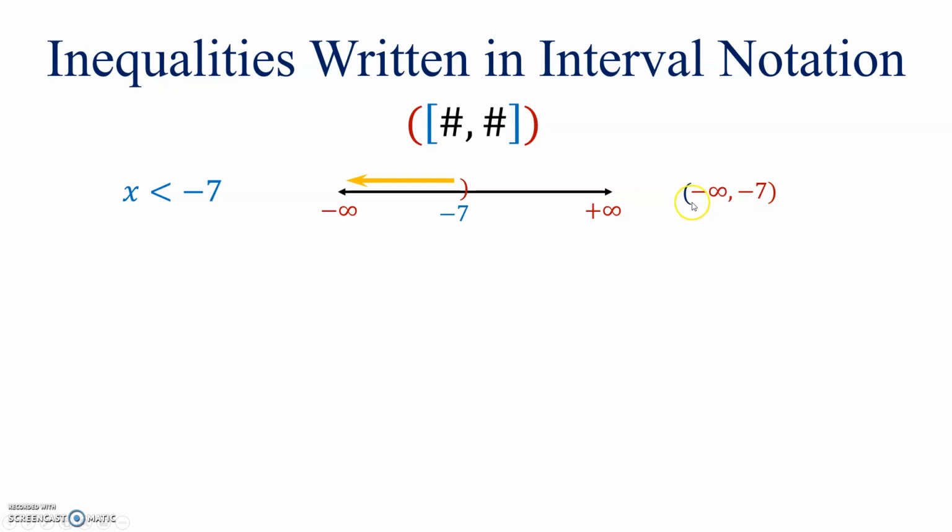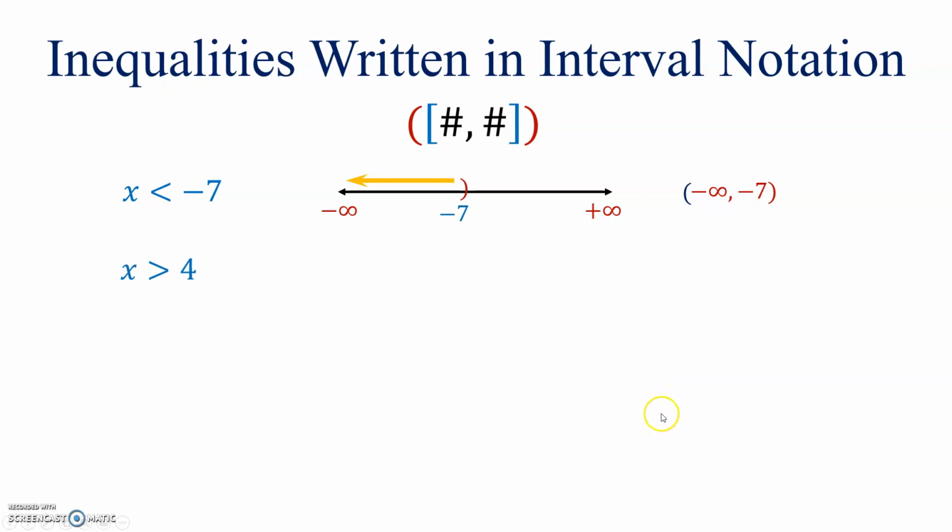Parentheses is used when we do not include that particular value. Brackets is what we would use if we actually included the value. The idea is you could never actually be at -infinity. So you can just continue to approach it.